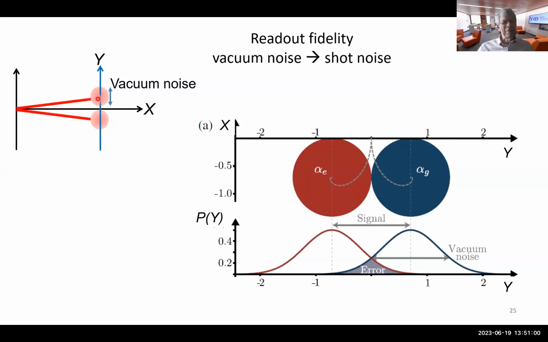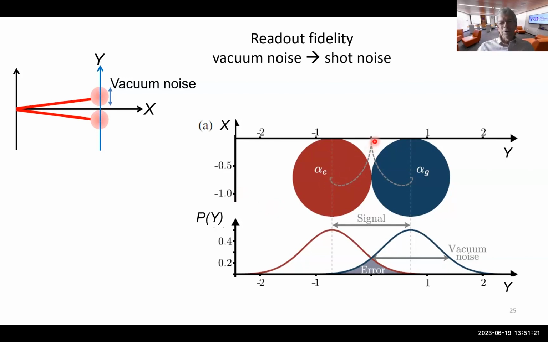You can't be completely sure. There's a fuzzy blob here of area Planck's constant. And so that vacuum noise leads to some uncertainty in your measurement. And you have to get these blobs separated enough that you can distinguish them.